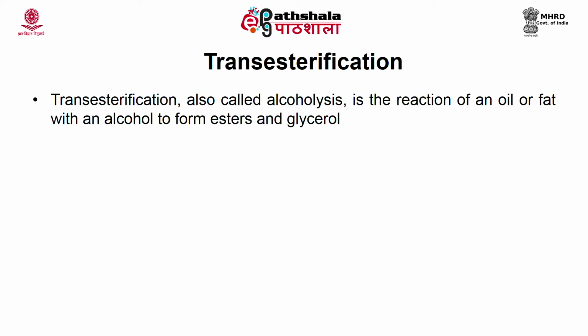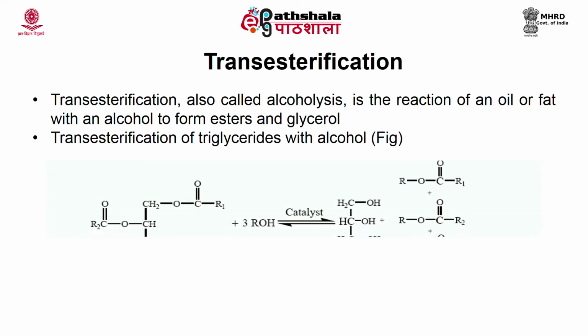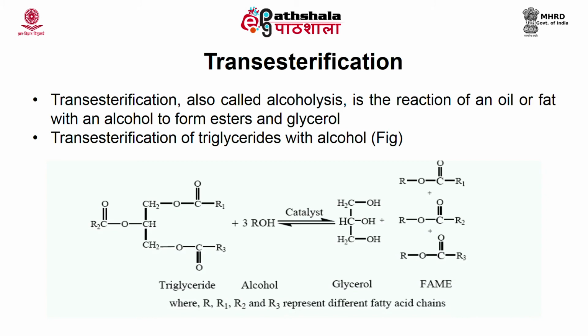In this equation you can see that R1, R2, R3 represent different fatty acid chains, and R-OH is the alcohol, where this R varies with respect to methanol, ethanol, etc. And finally, the monoalkyl esters with R1, R2, R3 are as per the substrate used for the biodiesel production.